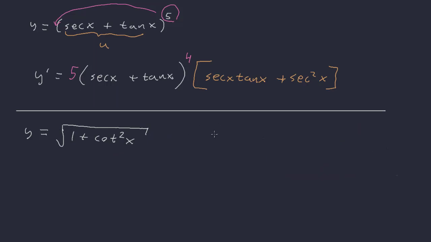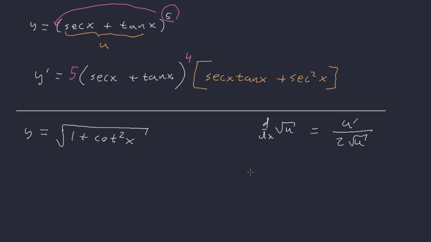All right, so using the chain rule, of course, we have the square root of u, essentially. So it's u prime over 2 square root u, or we could do this as the 1/2 power.